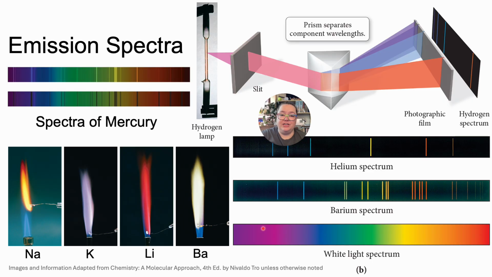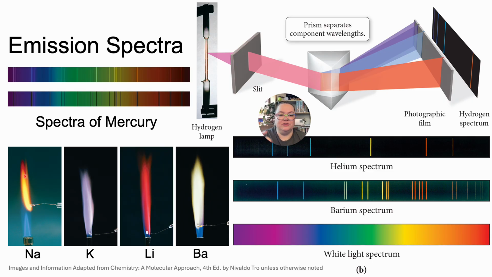So by non-continuous on the slide a couple of slides ago, what we mean is this. It's not the whole spectrum, but just little tiny pieces of it. Think of these as like a barcode for whatever element it is that we're looking at. Sodium has this bright orange color.